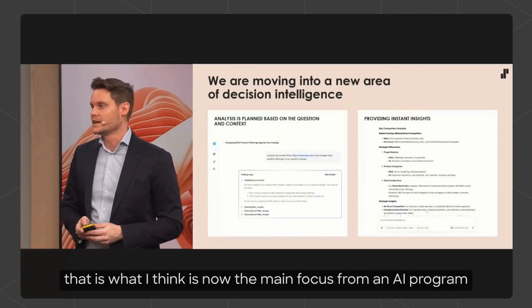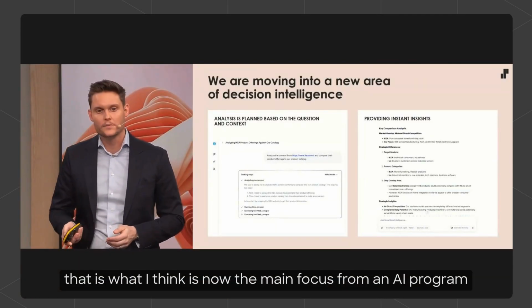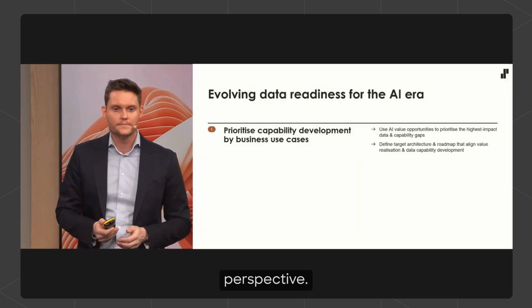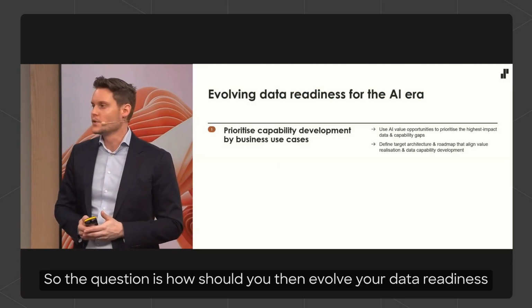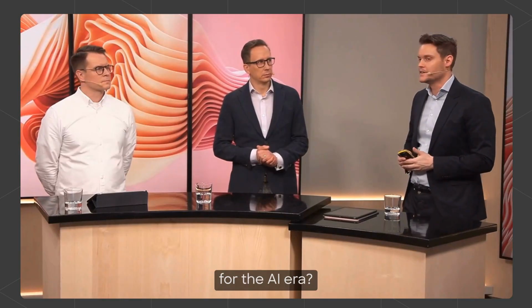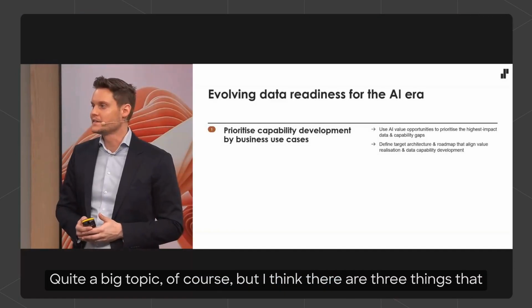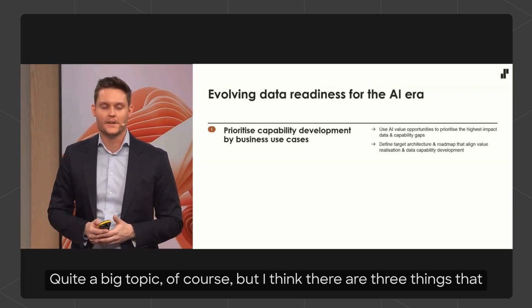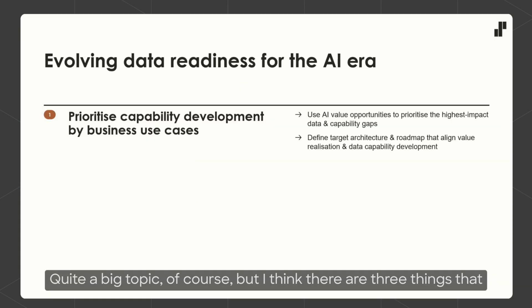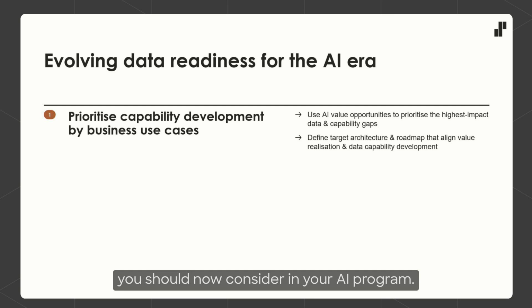And that is what I think is now the main focus from an AI program perspective. So the question is, how should you then evolve your data readiness for the AI era? Quite a big topic, of course. But I think there are three things that you should now consider in your AI program.